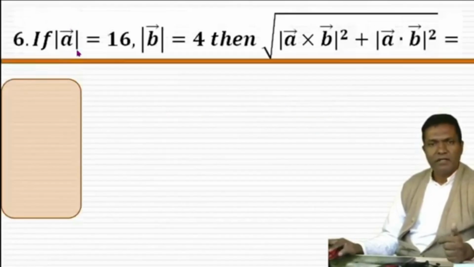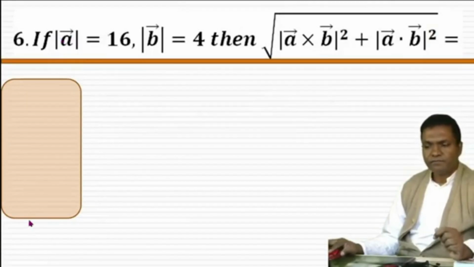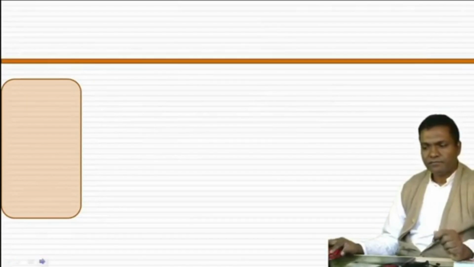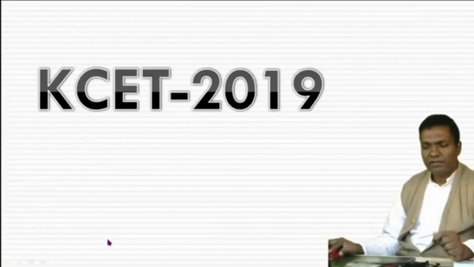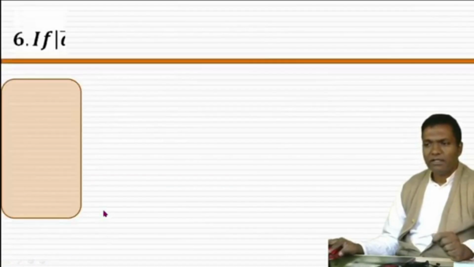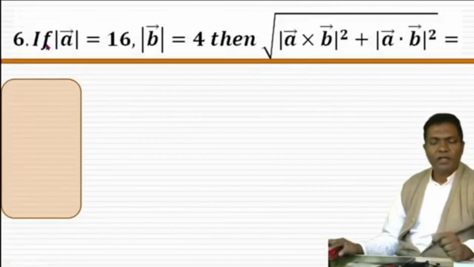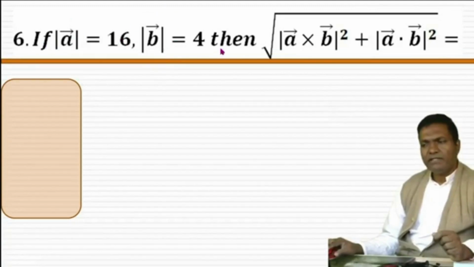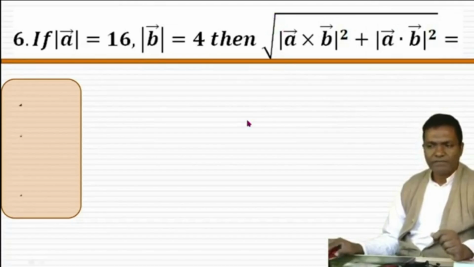If magnitude of vector A is equal to 16 and magnitude of B is equal to 4, then the value of square root of this is how much?